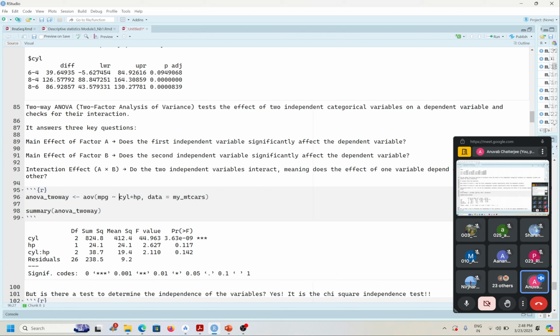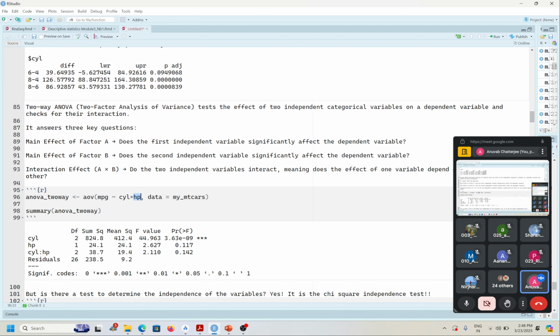Does it depend on the number of cylinders that the car has, or the HP that the car is producing? In this case you want to figure out the relationship between two independent variables and a dependent variable. So we know that mileage is probably a dependent variable depending on how powerful the car is, which is given by the number of cylinders it has and the amount of HP it produces.